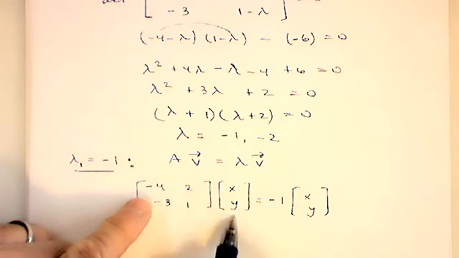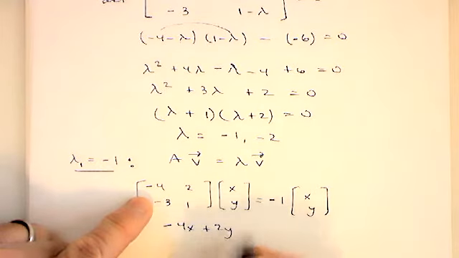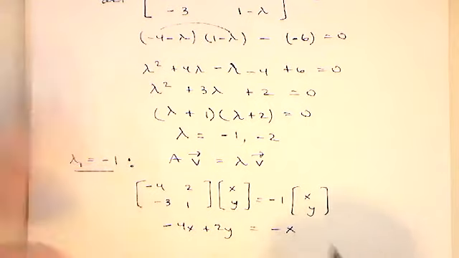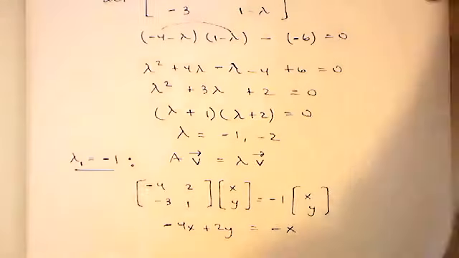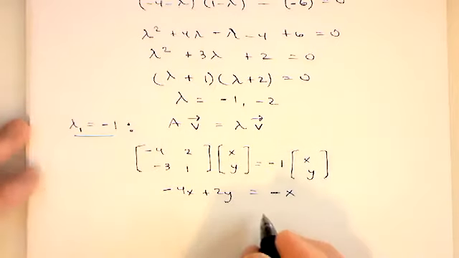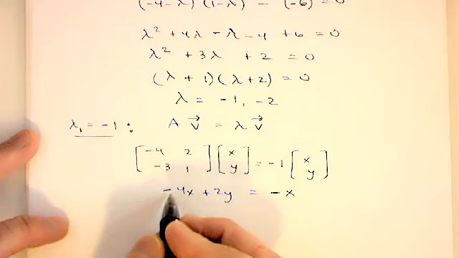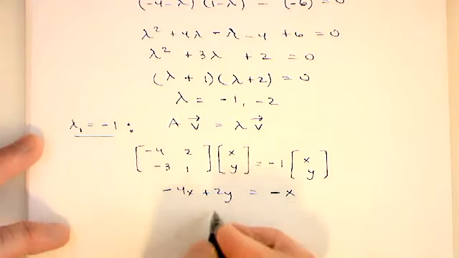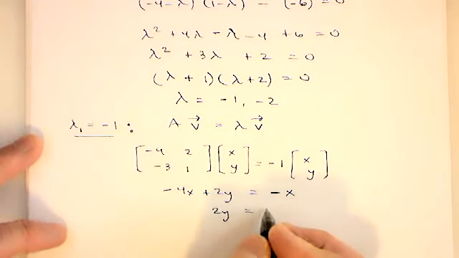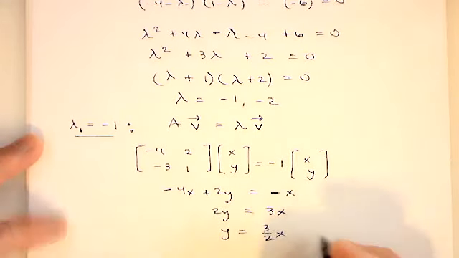Multiply out. -4x plus 2y equals the top number here, since I did the first row times the column. And I think I can get a relationship out of that, so I won't have to bother with the second row. It doesn't matter how you solve this. I kind of want to have my x's positive, so in this case, I'm going to add the 4x over here. 2y is equal to 3x. So maybe I solve for y. Y is equal to 3/2 x.